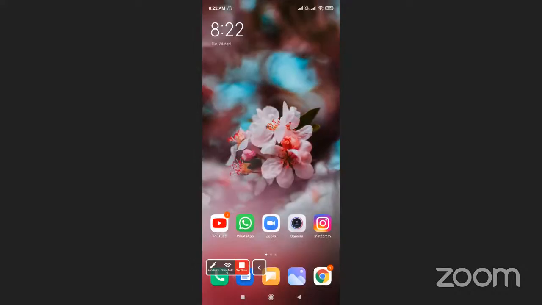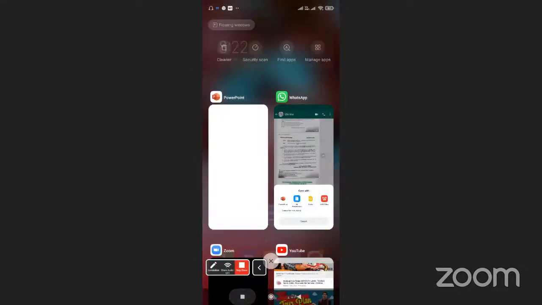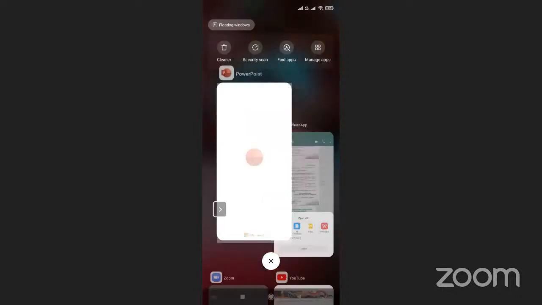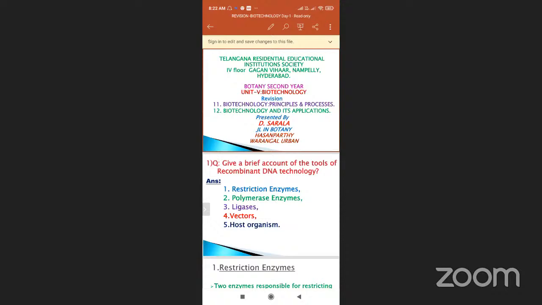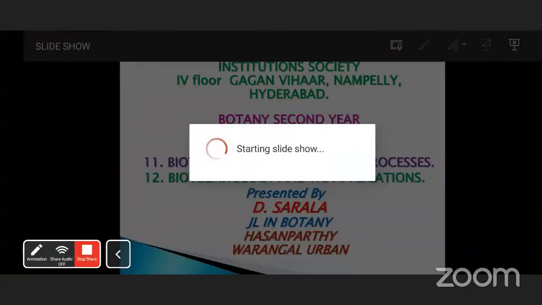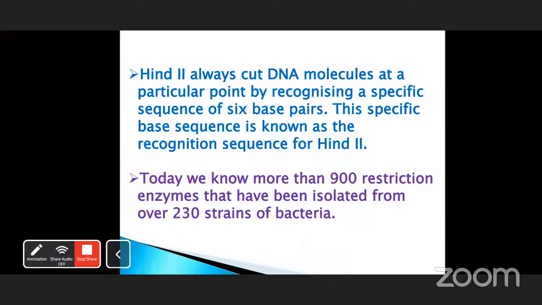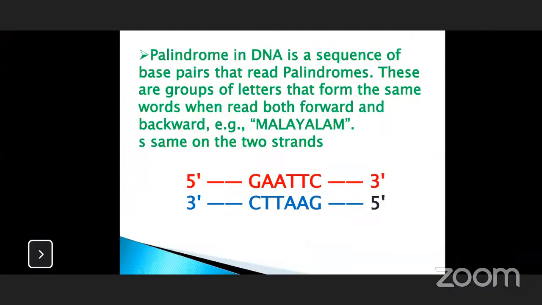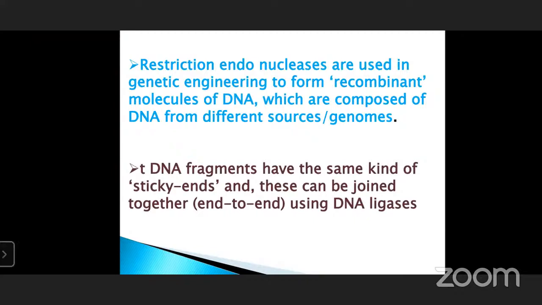It is rDNA or recombinant DNA, which is composed of DNA from different sources or genomes.